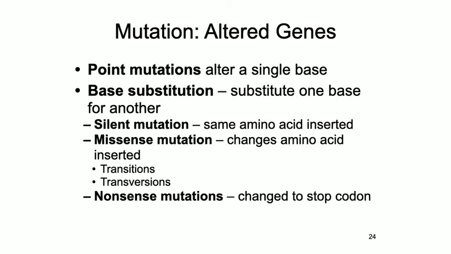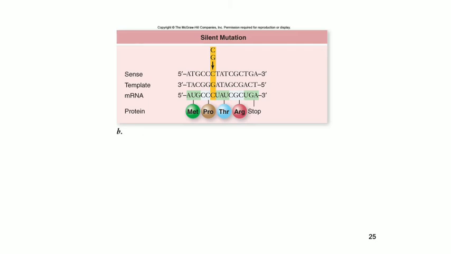So let's look at an example. Okay, so the top 2 strands are the double strand of DNA. Okay, complementary. You see how one is from 5' to 3', the other one's from 3' to 5'.